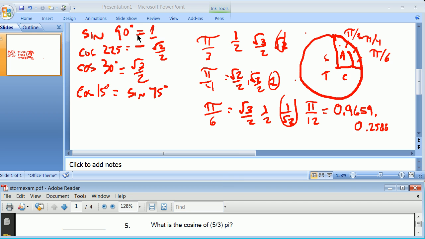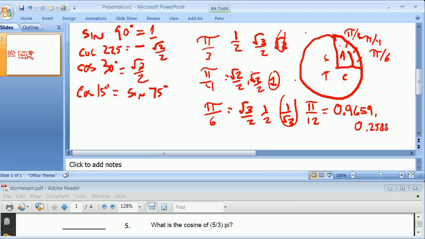The cosine of 5/3 pi. I'm going to do one more and then I'll switch the screen. The cosine of 5/3 pi is 1/3 pi less than a full revolution. So it is the same as pi over 3, and it is positive. All Seniors Take Chemistry. Pi over 3, the cosine is 1/2.